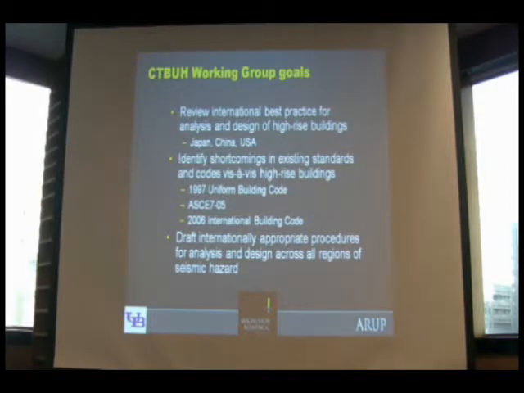We wanted to identify shortcomings in existing standards with respect to high-rise buildings, and I've listed here three documents that have been cited for use in the design of tall buildings.